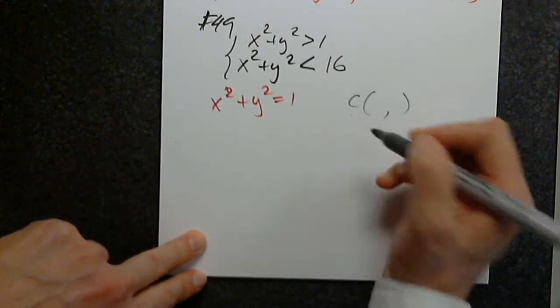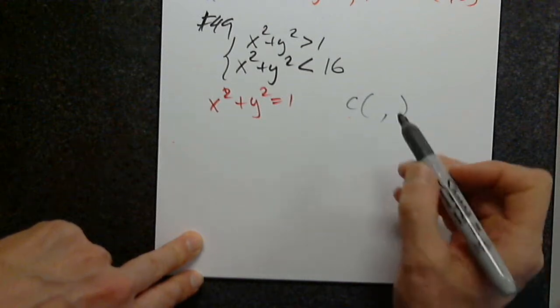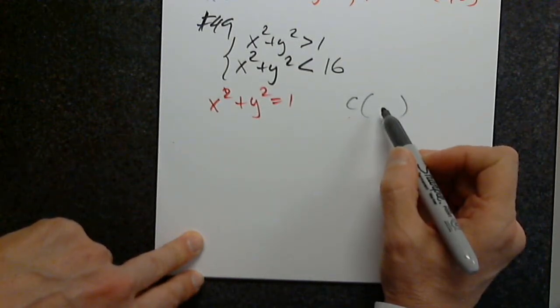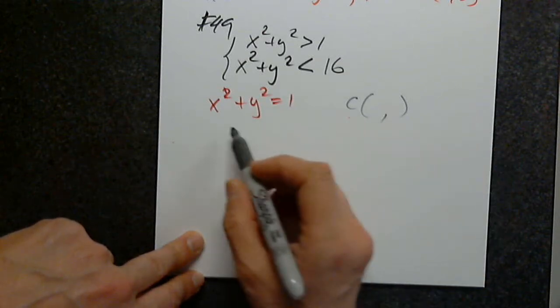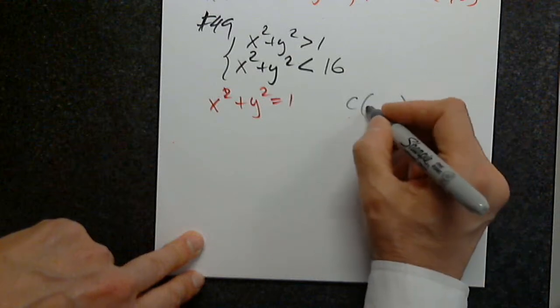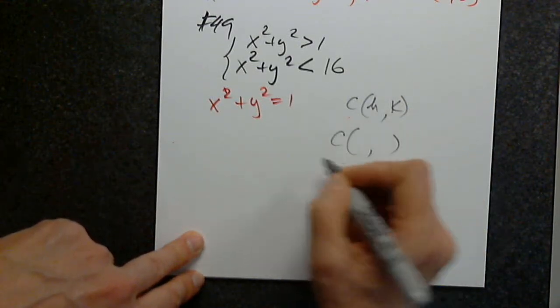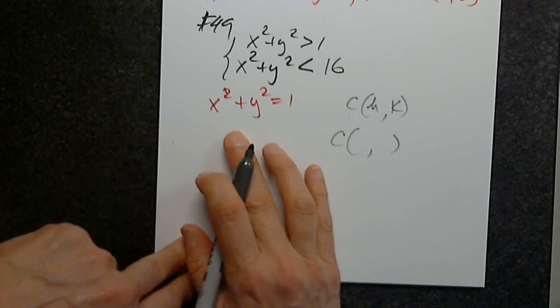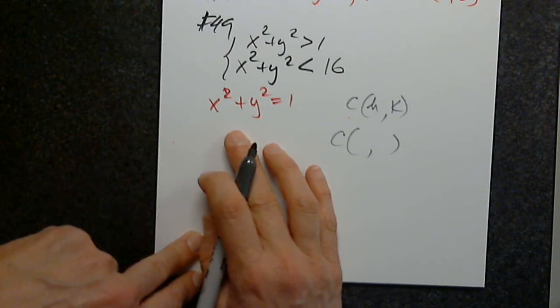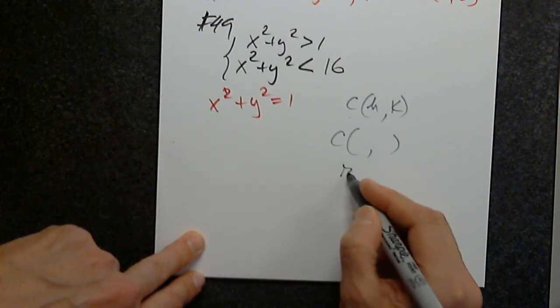What is the center, please? Indeed, it is h, k. But for this particular circle, what is h and what is k? Excellent. The radius is 1.